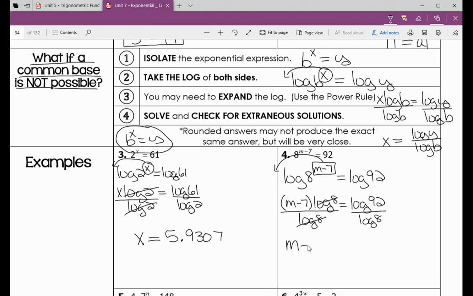At this point, you should have m minus 7 equals 2.1745. I got 2.1745 from taking log 92 and dividing it by log 8.